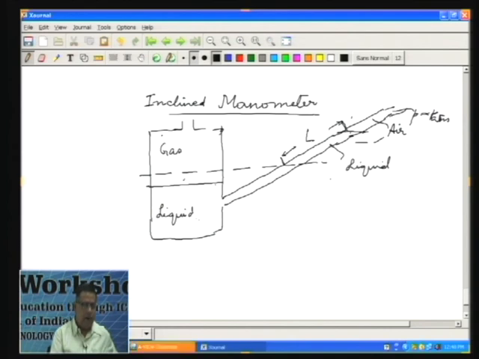Now, this is one continuous mass of liquid. So, if I draw this horizontal line here, if I call this point 1 and this point 2, then we know that P 2 is the same as P 1, which is what we want to measure. And if I call this point 3, then the pressure at 2 is going to be higher than the pressure at 3.